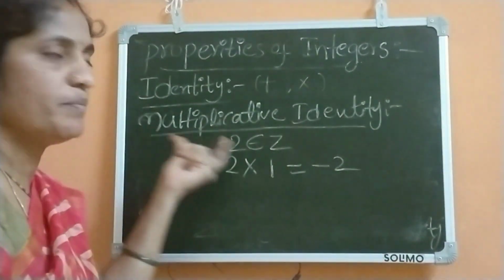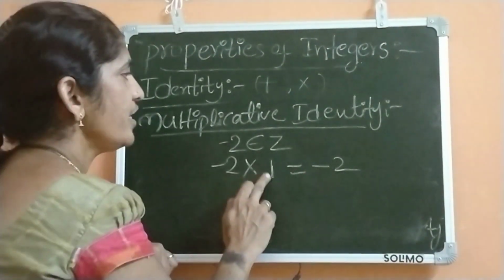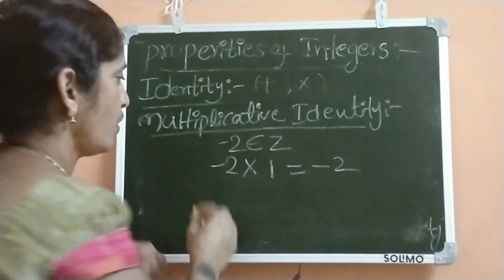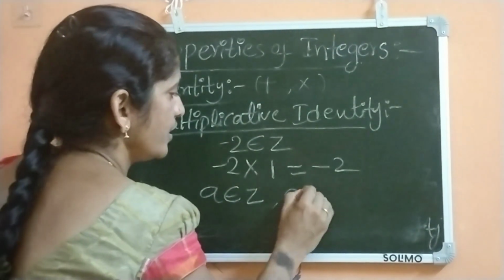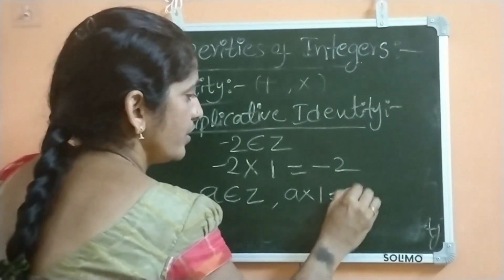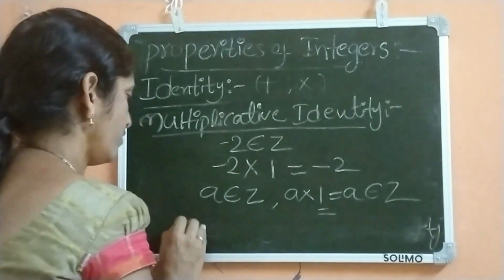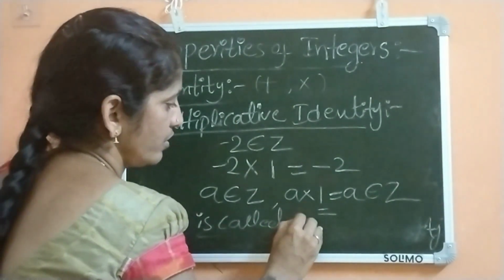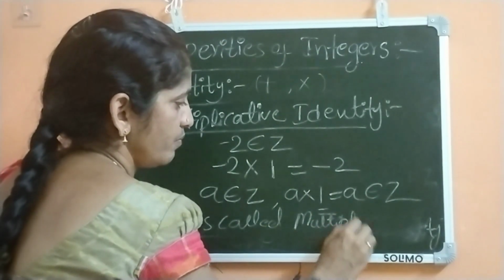So we are getting the same integer. That means 1 is the multiplicative identity. By this we can generalize that if a belongs to Z, when we multiply a with 1, we get a. So 1 is called the multiplicative identity.